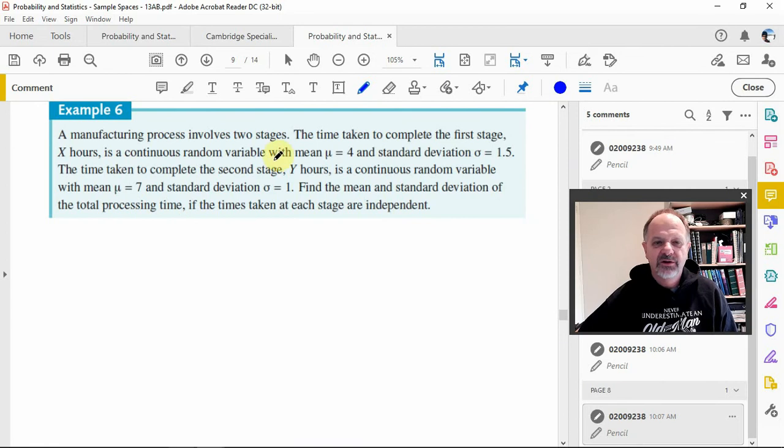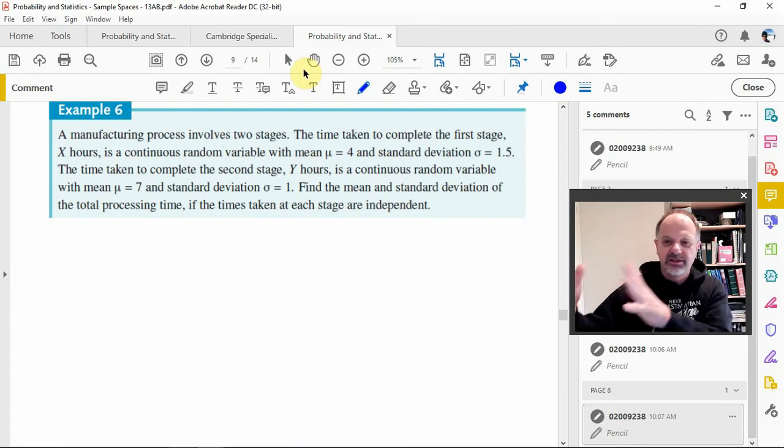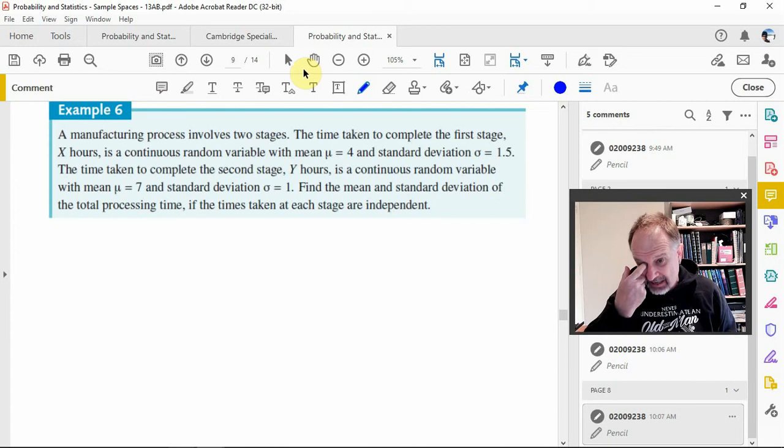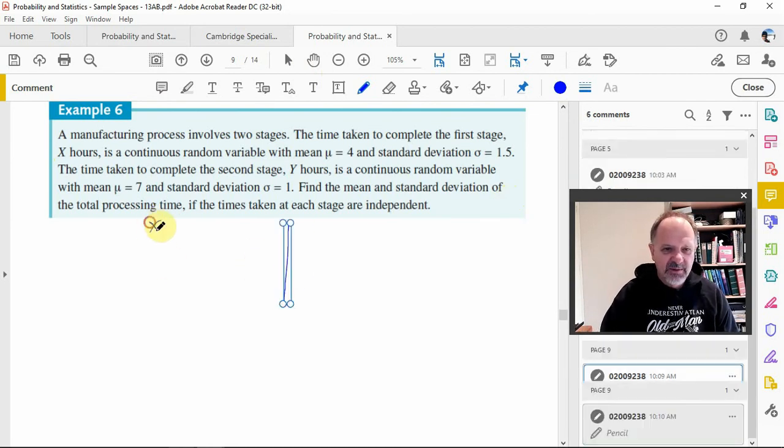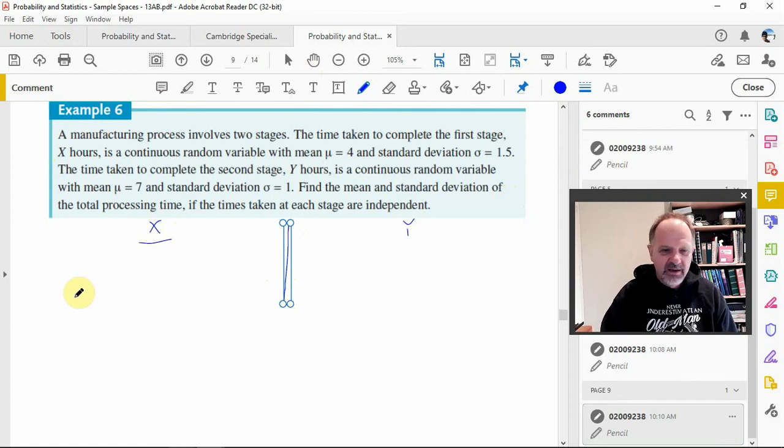Manufacturing process involves two stages. So there's your x and your y, two separate things that you've got to put together to get your product. Time taken to complete the first stage, x hours, is a continuous random variable with mean and standard deviation. So over here, here's my x and here's my y. My mean is 4, my standard deviation is 1.5.